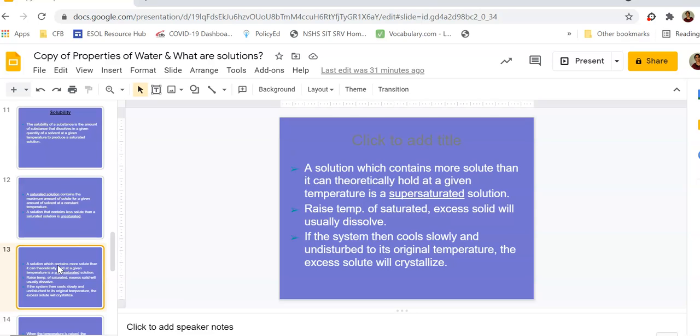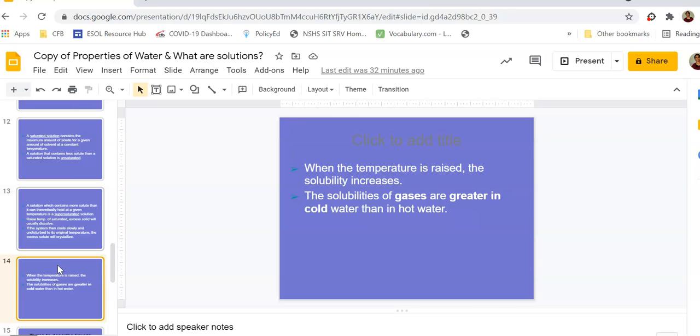Now you cool down the temperature, and so now if you just start out brand new and try to dissolve at that temperature, you won't be able to add as much as you've added in this supersaturated solution. So supersaturated solution is to unnaturally add more solute by first raising the temperature and then dissolving more and then cooling it down.